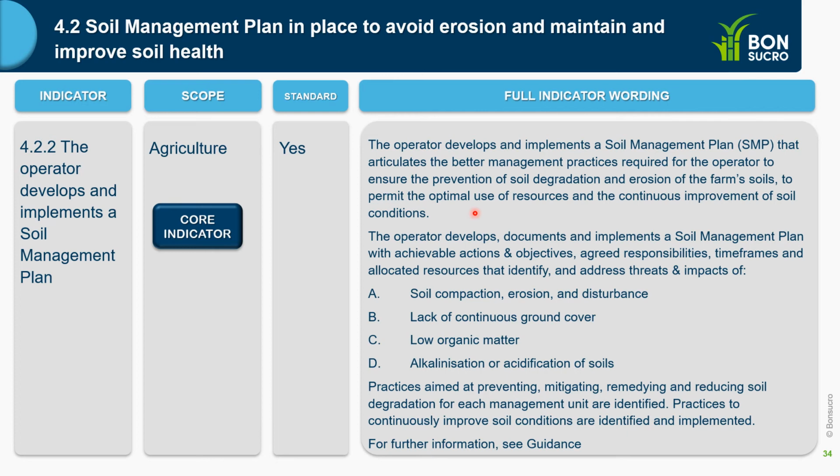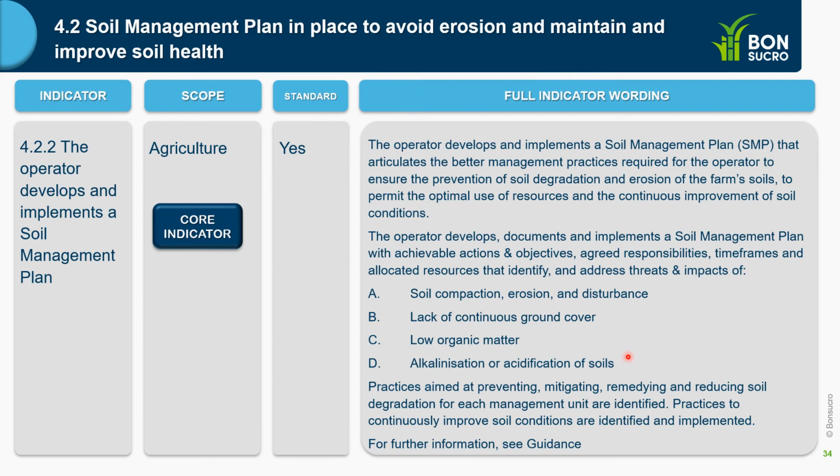So the plan needs to have the same aspects of the plans in the Bonsucro Production Standard: action, objective, agreed responsibilities, timeframes, and allocated resources. It needs to identify and address threats and impacts of soil compaction, erosion and disturbance, lack of continuous ground cover, low organic matter, and alkalinization or acidification of soils.